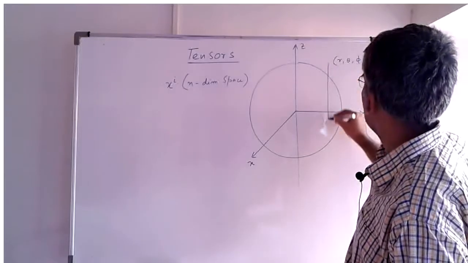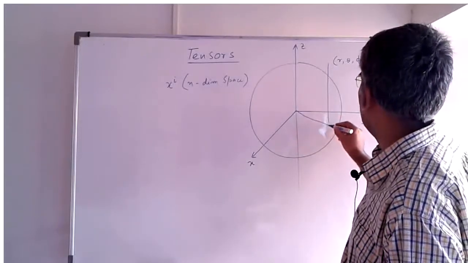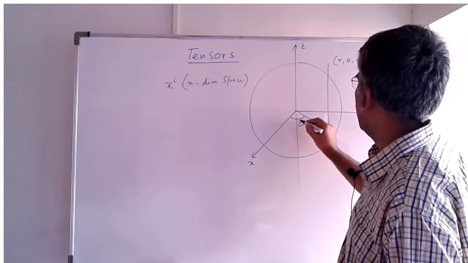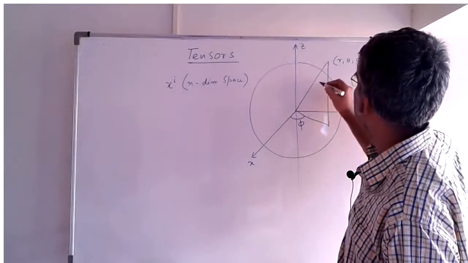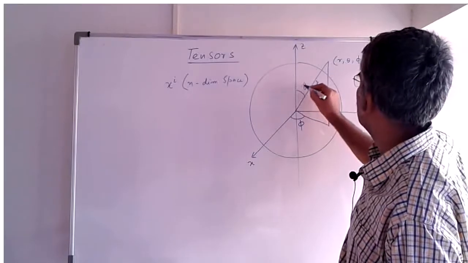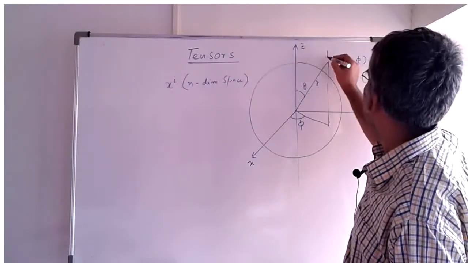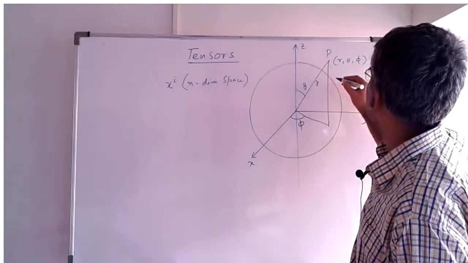So if we drop a perpendicular here, this is phi, this is r, and this is theta. So we know these things. Suppose this is the physical point P.